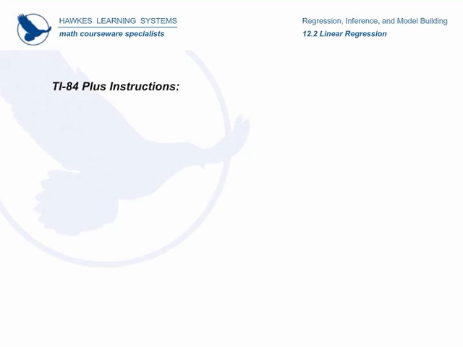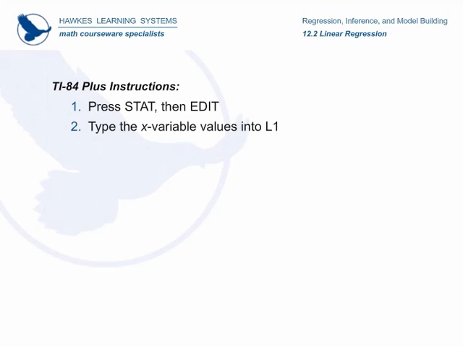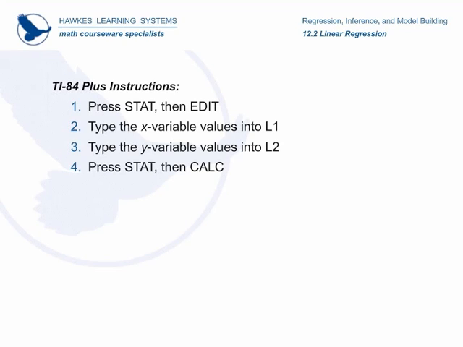As mentioned earlier, these concepts in Chapter 12 are best served using technology, using our calculator. So here are the instructions for the TI-84 Plus. First we press Stat, then over to Edit. Then we type our x variable values into L1, or list 1. Then we type our y variable values into L2, or list 2.